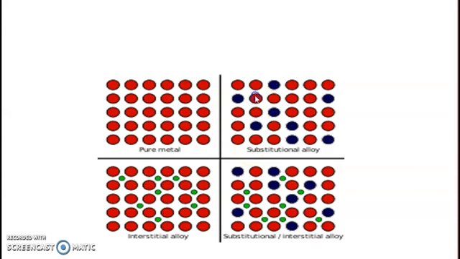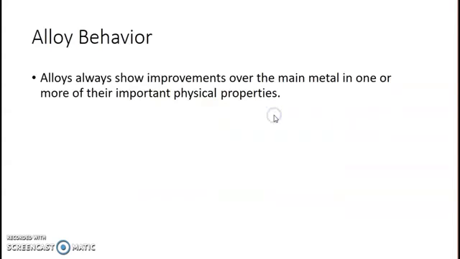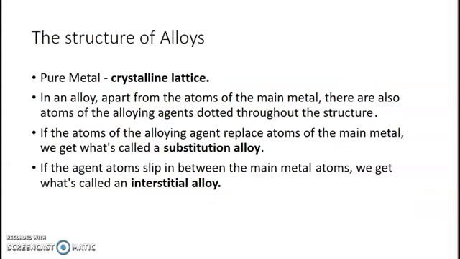The atoms in blue color are the alloying agent atoms, which occupy the crystal structure of that alloy. So if we consider the structure of the alloy, not only the atoms of the main metal are there, but also the atoms of the alloying agents will occupy some of the spaces in the structure of the alloy.